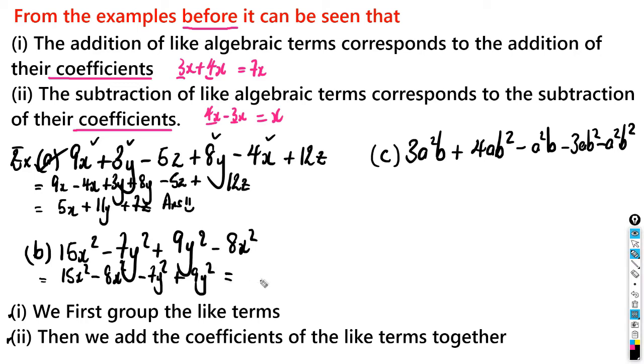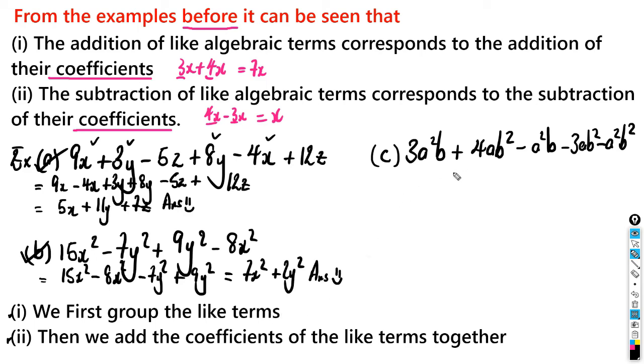Okay, and we should actually end up with 15 minus 8 should give us 7x squared, and minus 7y squared plus 9 should give us plus 2y squared. And this is the answer. Okay, guys? Pretty simple, guys. Just group the like terms first, the ones that look just like each other, and then we add the coefficients of the like terms together.